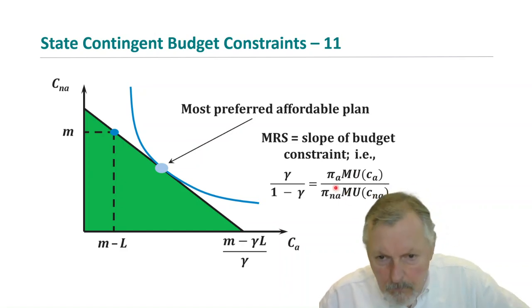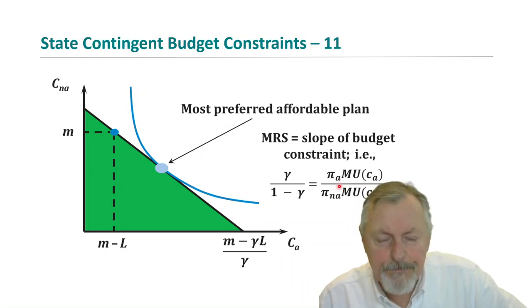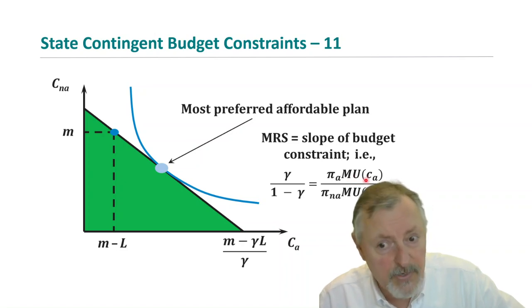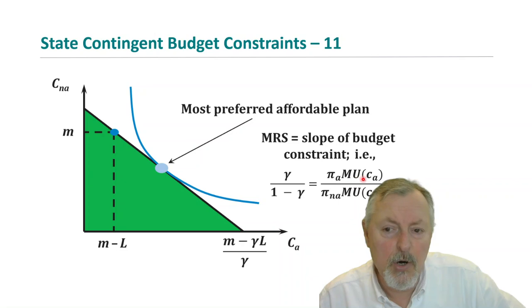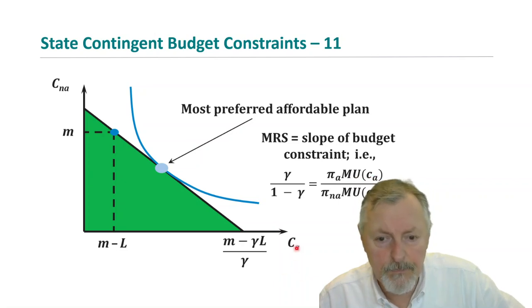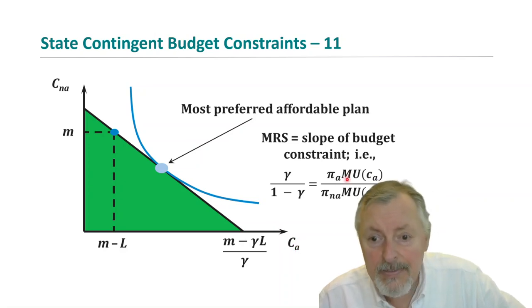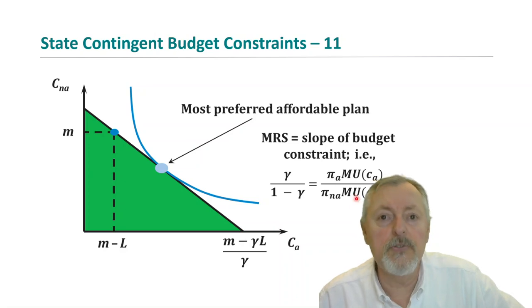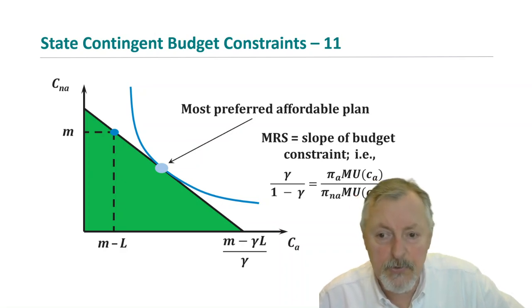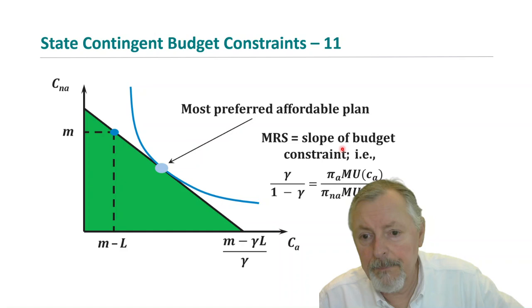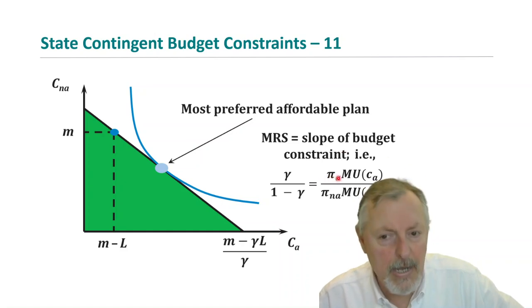Here, notice there's a difference. This is the slope of the indifference curve, the marginal rate of substitution. It's the marginal utility of this thing, the partial derivative of the utility function with respect to this variable, divided by the partial derivative of the utility function with respect to this variable, multiplied by the probabilities.